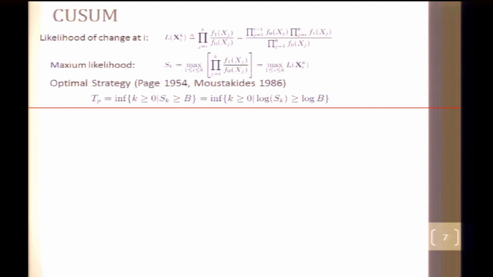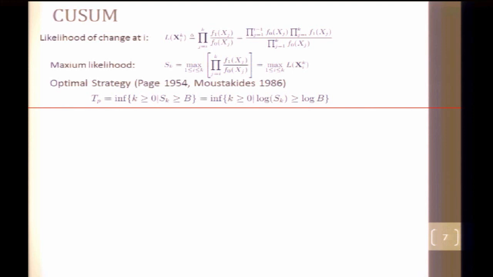On the top, before time I, all the samples come from f0. After time I, all the samples come from f1. On the bottom, simply assume that the change does not happen, so all the samples come from f0. So this is the likelihood of a change happening at time I after observing all the data up to time k.